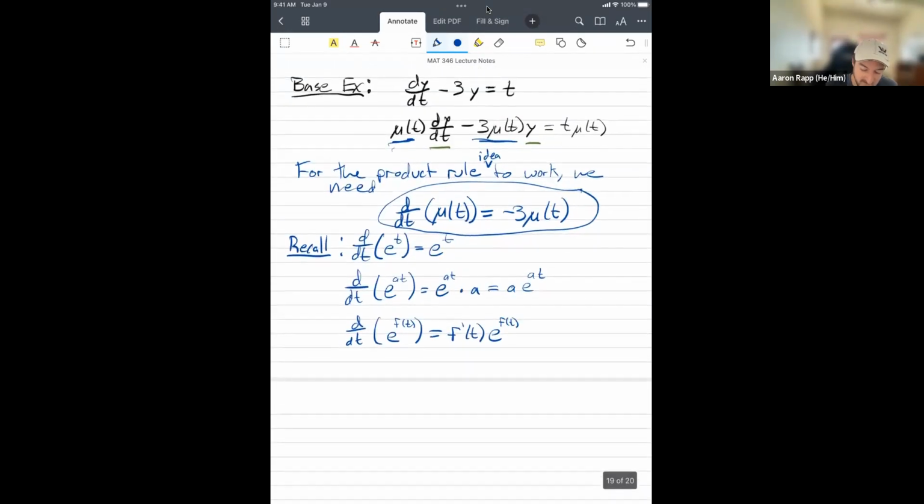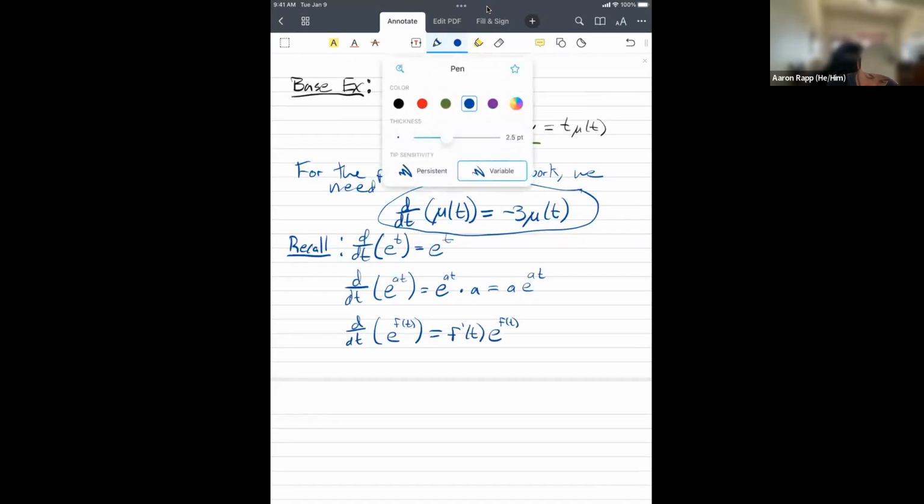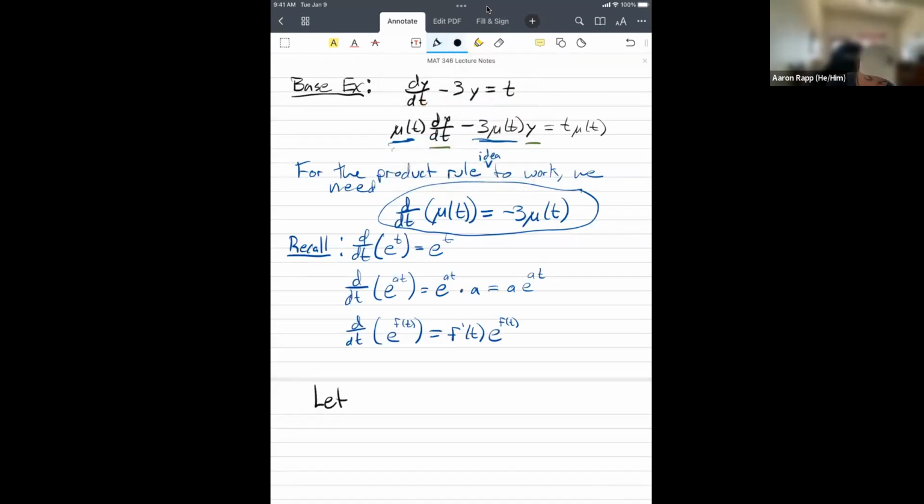So for this base example, we're going to say, let my integrating factor be what? I'll give you a hint, it's an exponential.